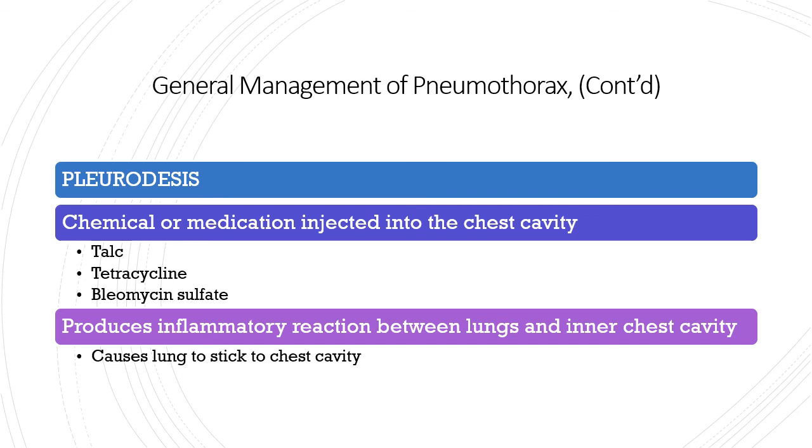This is a very painful procedure. It produces an inflammatory reaction between the lungs and the inner chest cavity and causes the lung to stick to the chest cavity. It doesn't work all the time, and again, it's extremely painful. It should be done in a hospital by trained physicians.